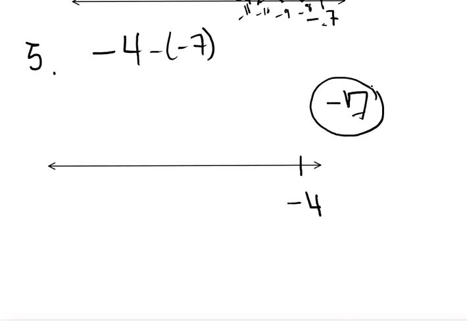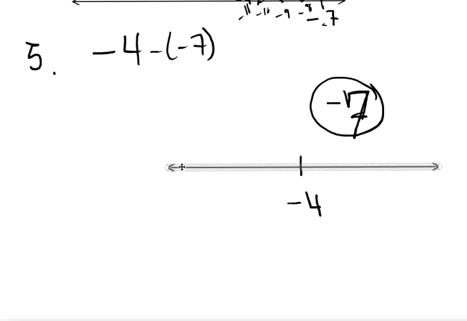And this is where it gets tricky, because taking away a -7 means the number is, in fact, going to get larger. So in fact, we're not moving on the number line this way, which is normal for taking away.